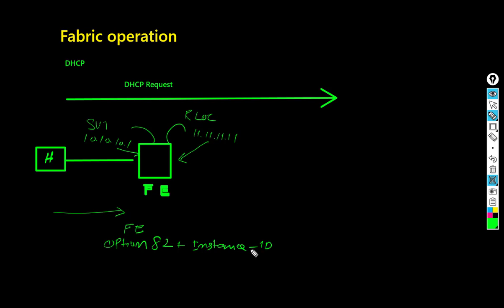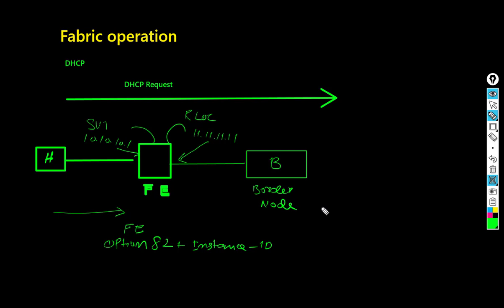The fabric edge switch adds option 82 containing the VXLAN identifier and instance ID along with its RLOC, that is the loopback IP address, and then encapsulates that request into a unicast packet with the IP address of the SVI, that is the unicast gateway, as its source, and the DHCP server IP address as the destination.